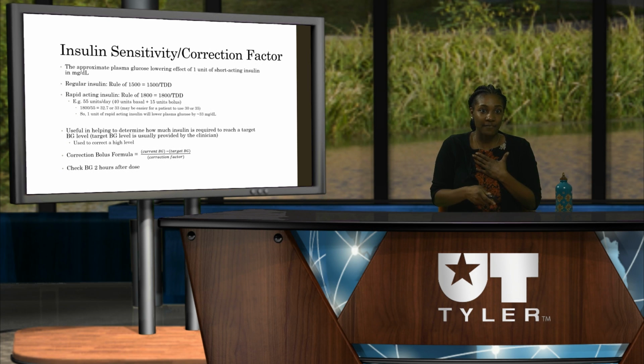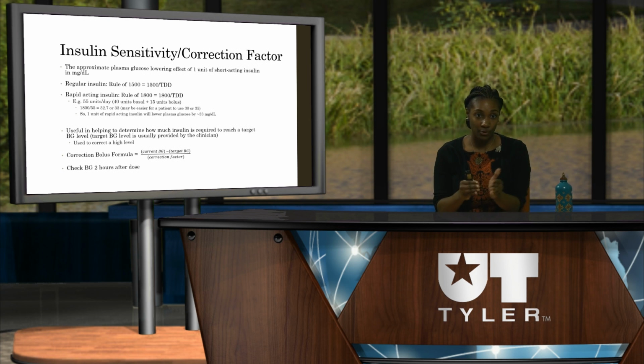If I'm on rapid-acting insulin and I take 55 units per day, all you have to do is take 1800 divided by 55, and that lets you know how many milligrams per deciliter your glucose level will drop with 1 unit of insulin. So let me repeat that.